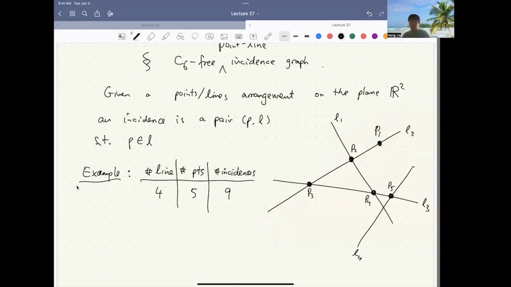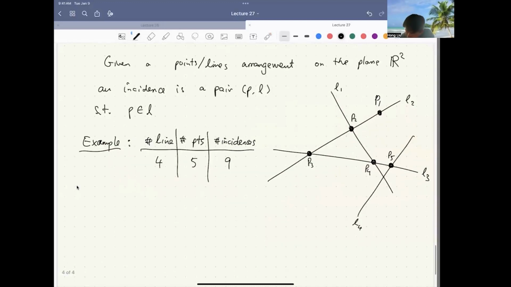We can record all this information in a bipartite graph. This is called the incidence graph.